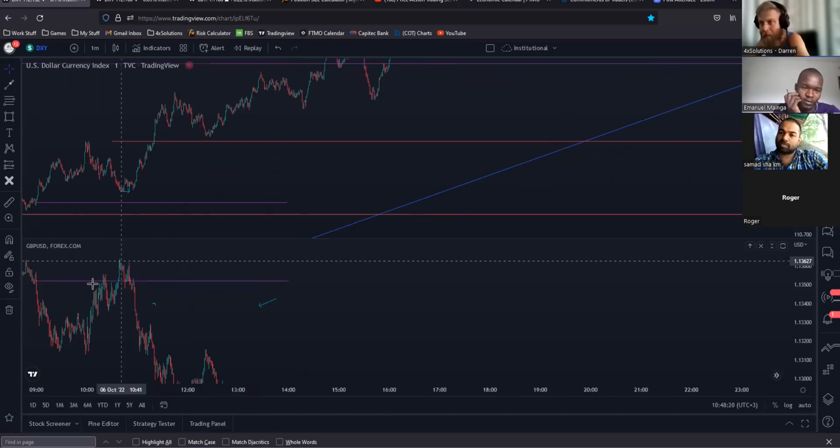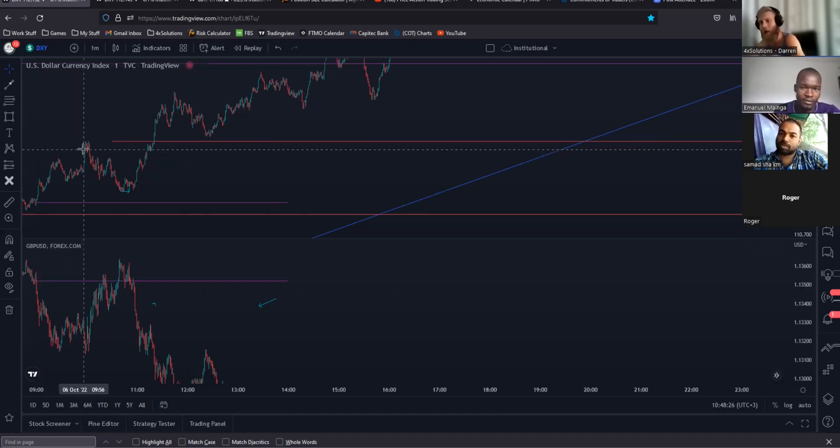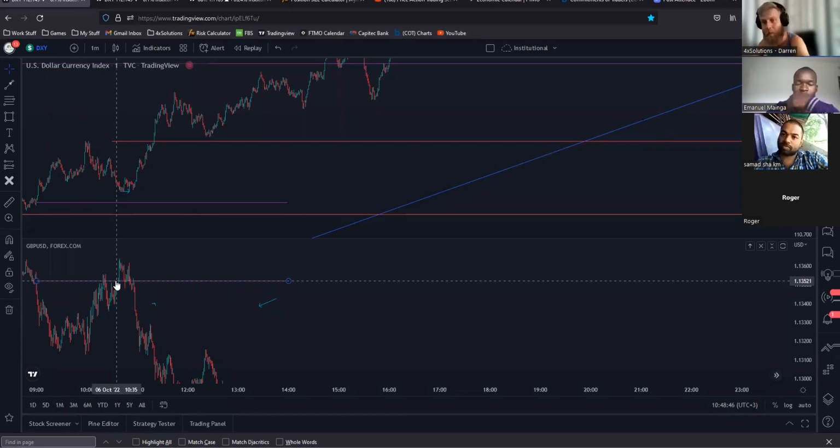This is the 1 hour. Theoretically, if price was symmetrical, then price on the DXY should also be moving below the open, because GU is moving above the open, right? Open, high, low, and close. And it's not. The fact that it's not is manipulation in itself.